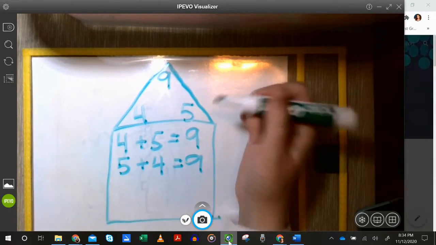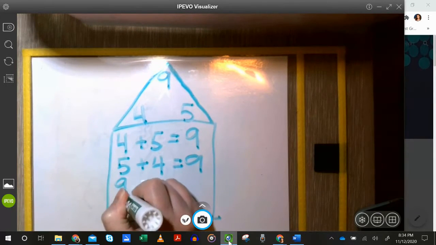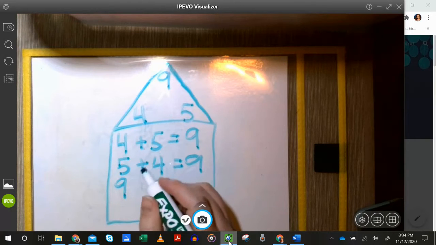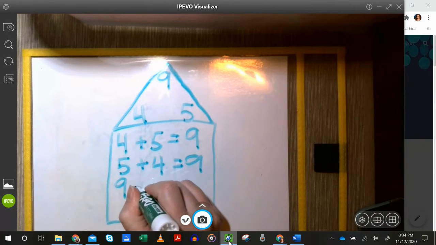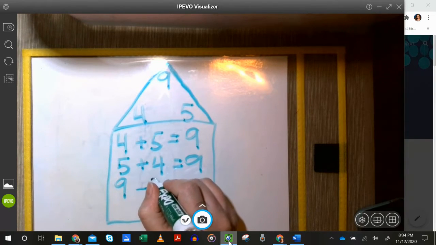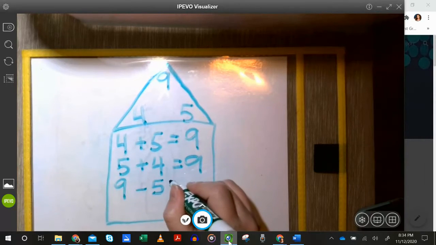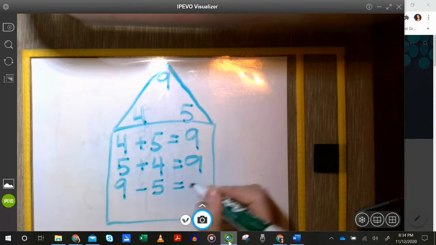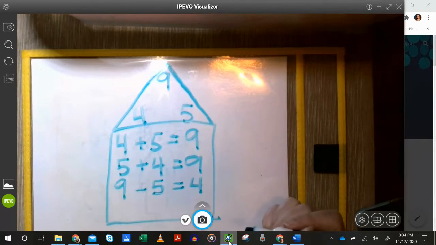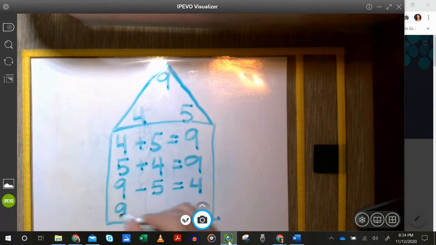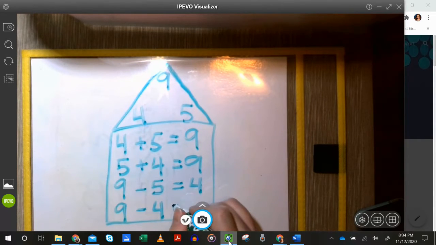Okay, so if we have the 9 family all at home together, and maybe 5 goes to the store, 4 will stay at home. And maybe we have the 9 family together and 4 goes to work.